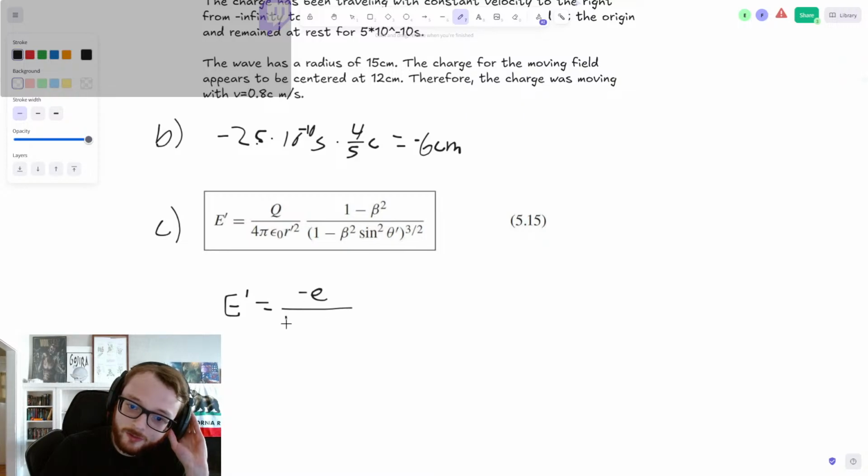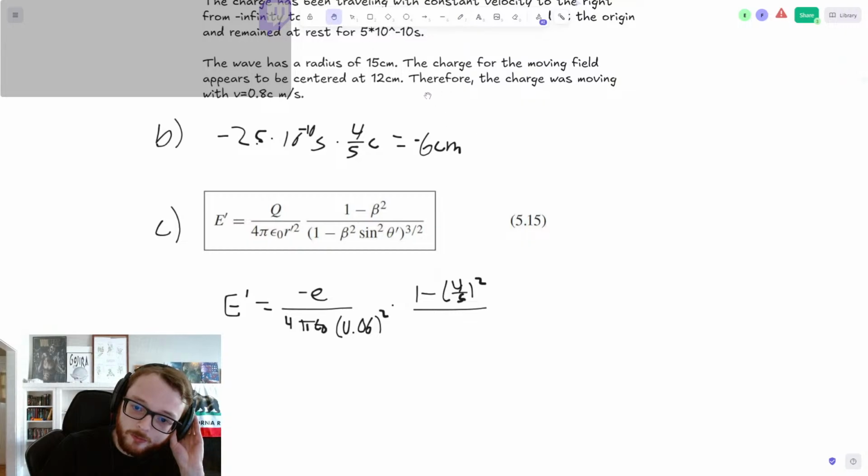Minus e over 4 pi epsilon naught, and r prime we're saying is 0.06 squared, 1 minus 4/5 squared, 9/25. Sine squared becomes 0, right? Yeah.